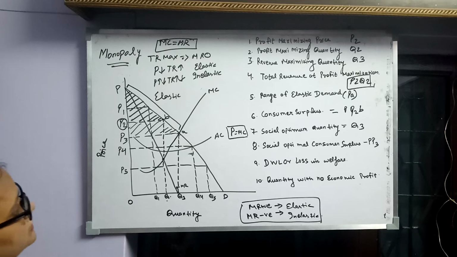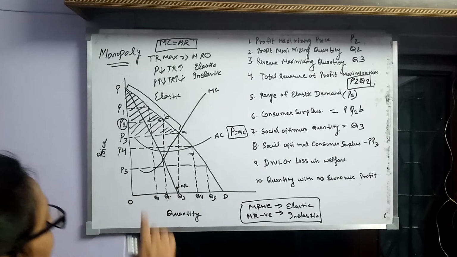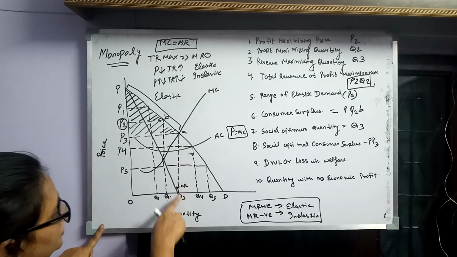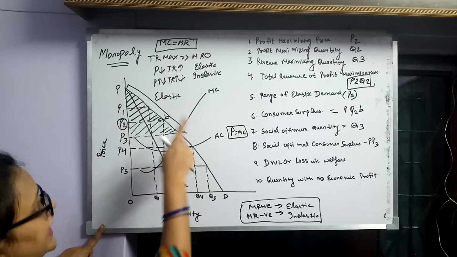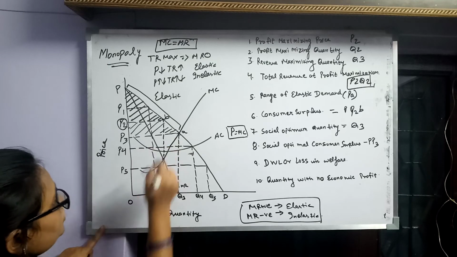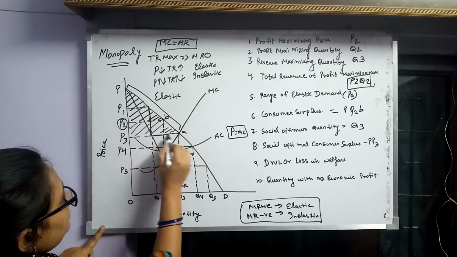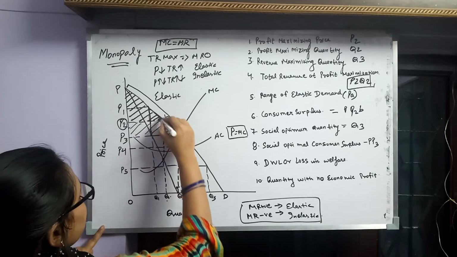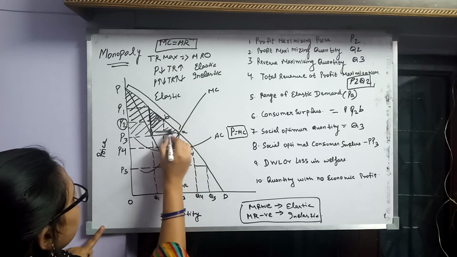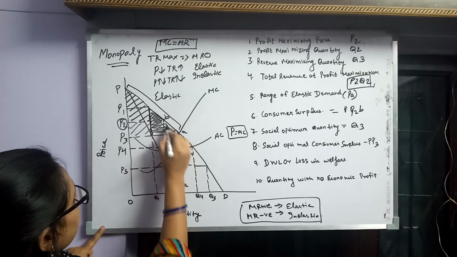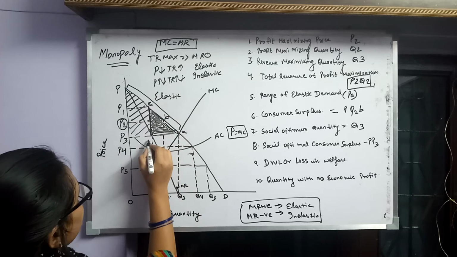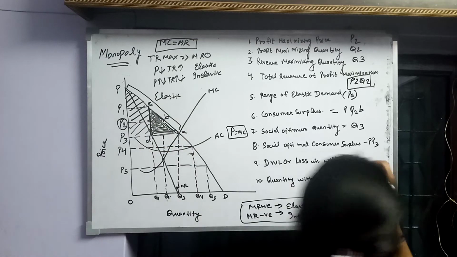Now, what is the loss in welfare? As we can see, at Q3, our social optimal point, we are producing where price is equal to marginal cost, and at the profit maximization point we are producing Q2. So that means we have a loss of this much area, ACD.